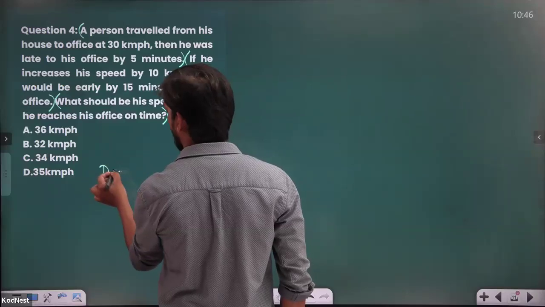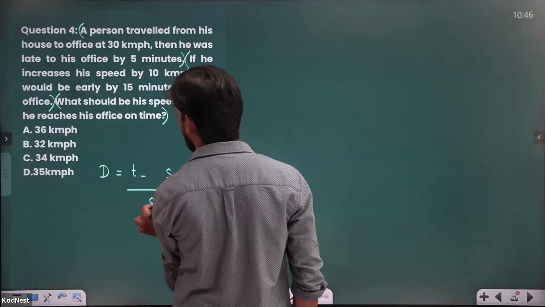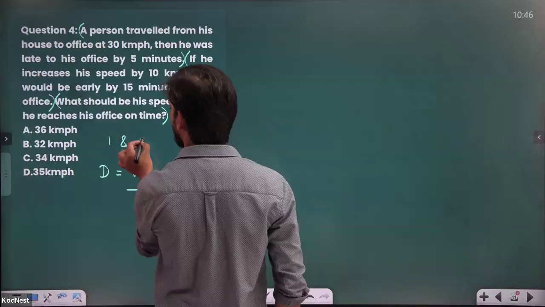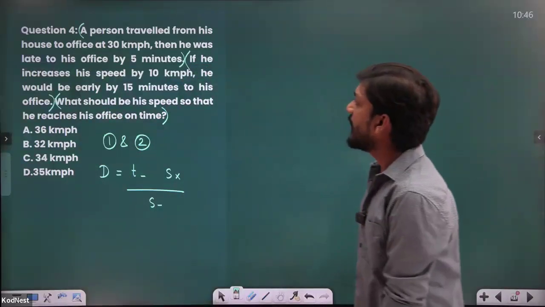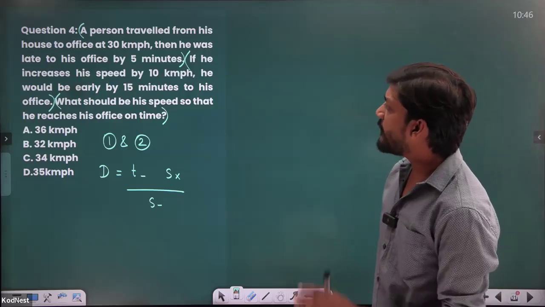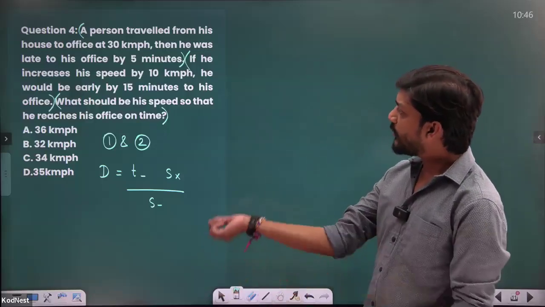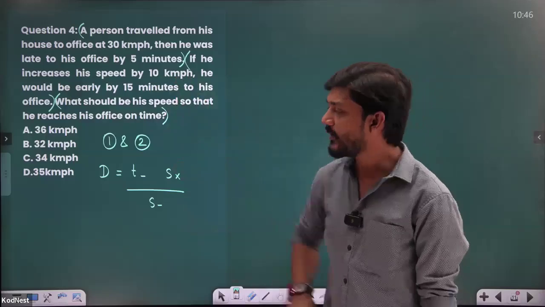Distance equals (T1 minus T2) times S1 S2 divided by (S2 minus S1). We are taking the first and second situation. Carefully answer. First day, he was 5 minutes late to the office, on Monday. Tuesday, he was 15 minutes early to the office.